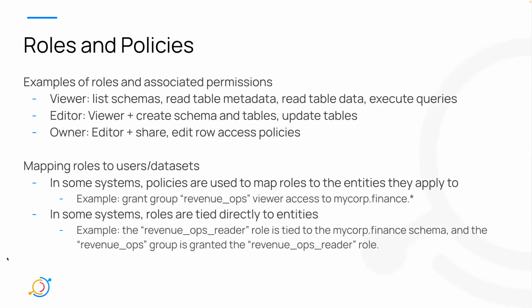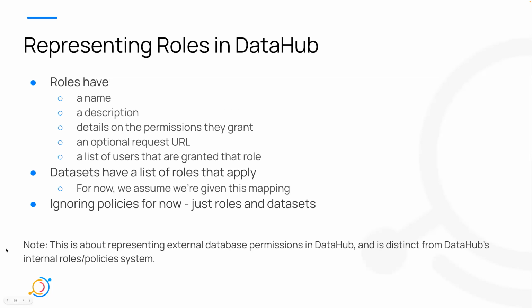When we were modeling it, we made some simplifying assumptions, specifically that roles just have a static list of users that are granted the role, and data sets have a static list of roles that apply. These are initial assumptions that we can make so that we can start presenting something useful in the DataHub UI.